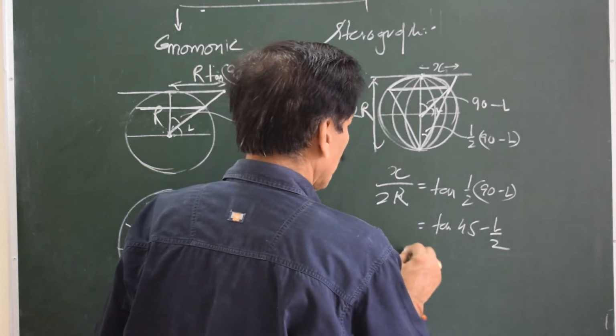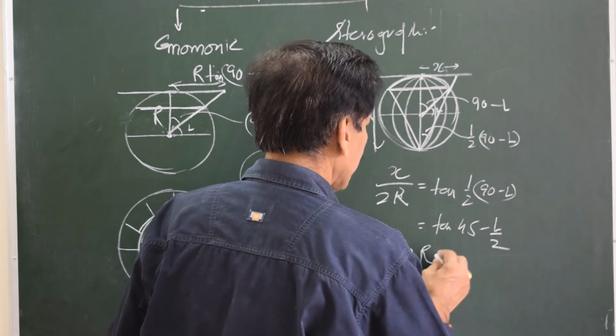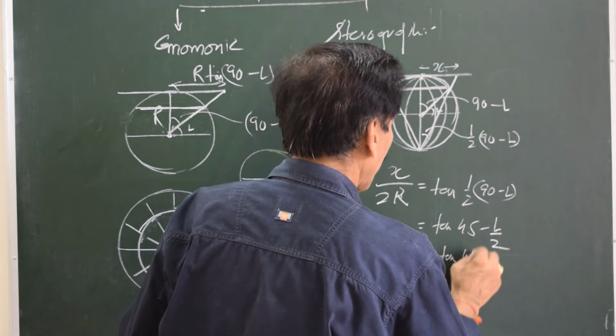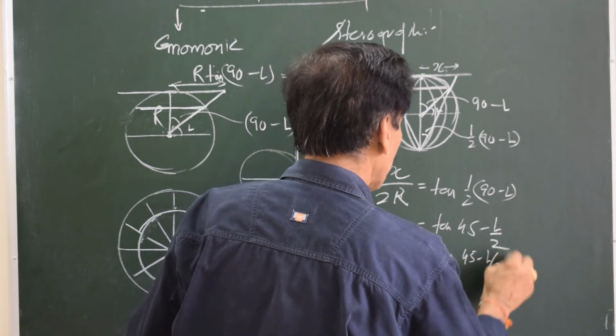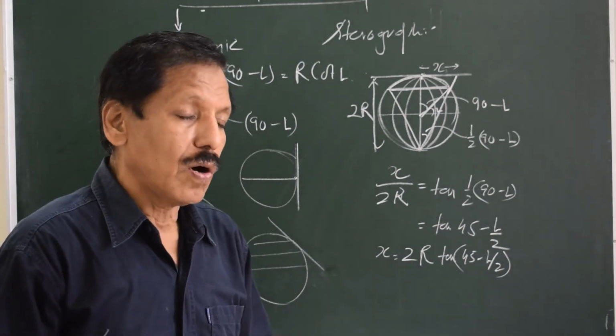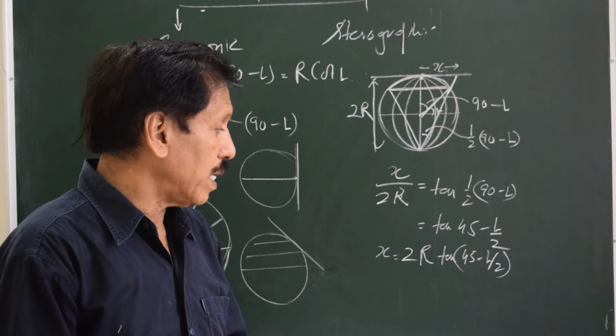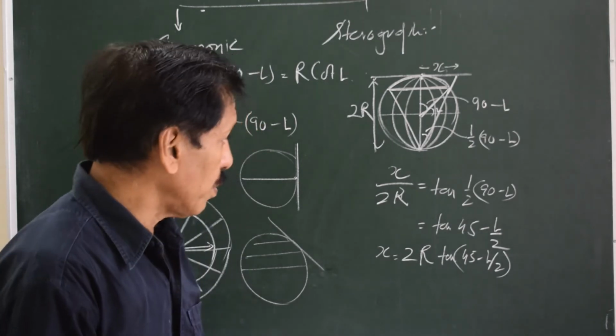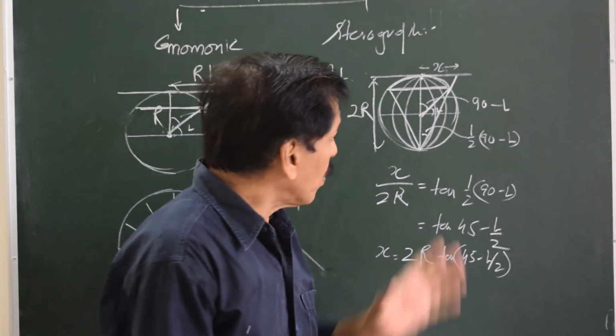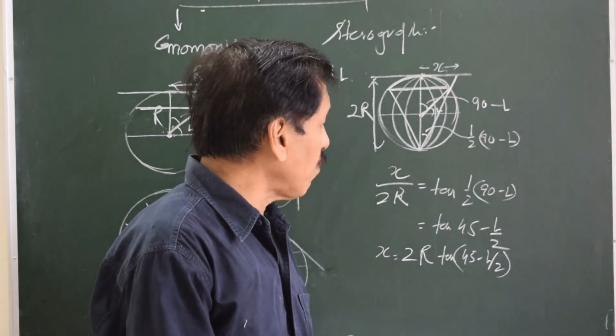Then x is equal to 2 times the radius into tan (45 minus L by 2). So this is how we find the radius of a parallel of latitude, around the pole in a polar stereographic projection. Now this is polar stereographic projection.